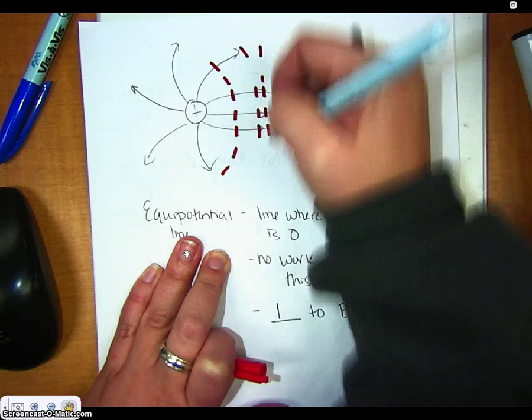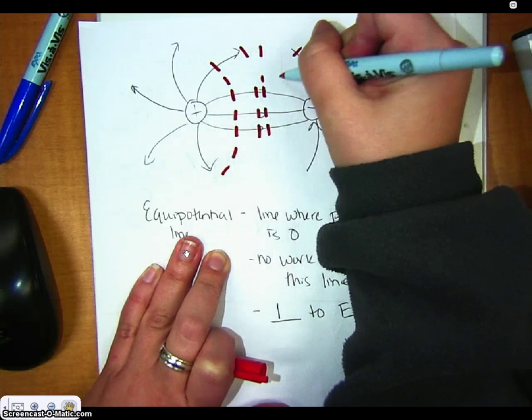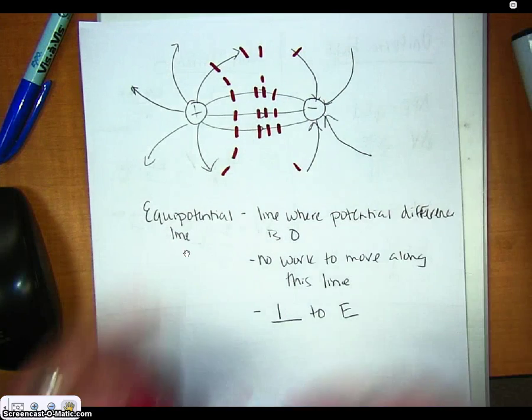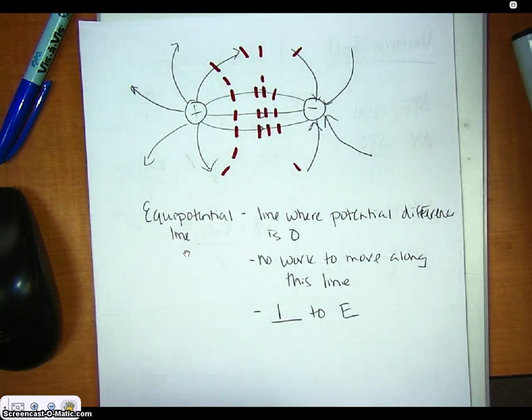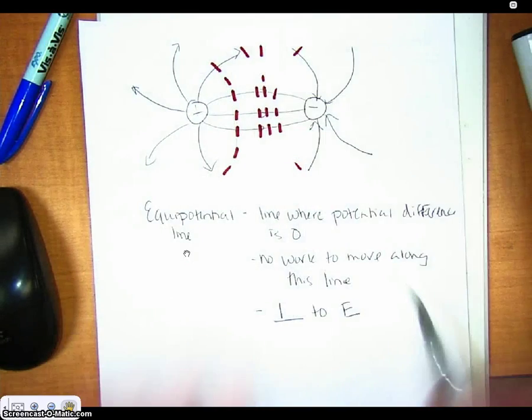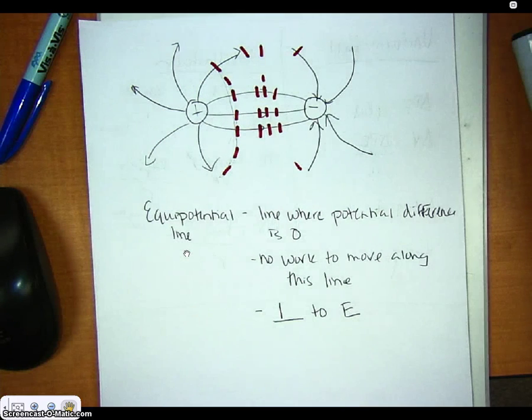It'll go like this. So in order to move along this line, along this path, it takes zero work. There is no potential difference.